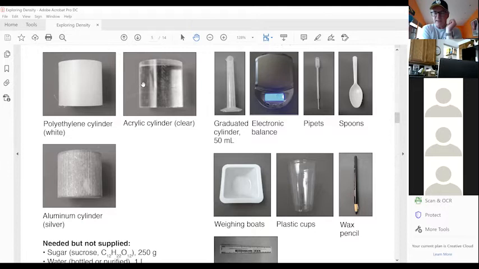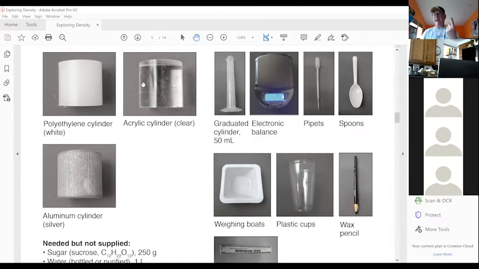Can you use milk as the beverage? No, because that has proteins and a lot of other things in it. So the density won't be determined strictly by the sucrose content. The best thing would be Kool-Aid or some sort of clear fruit juice, because you want the density to be determined only by the sucrose content.